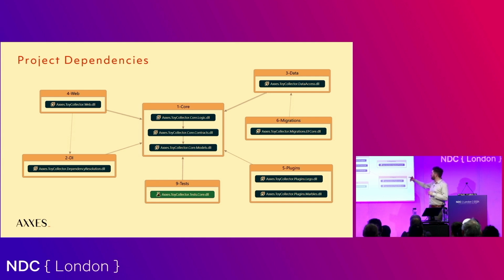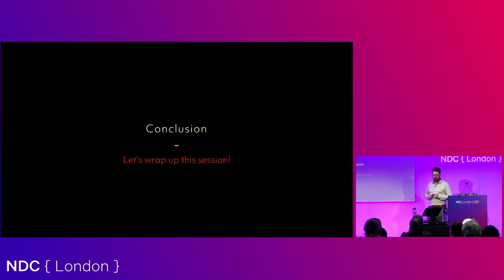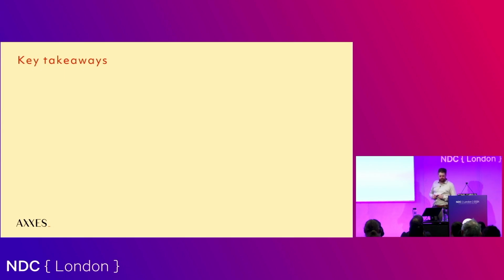Our plugins just point in. Our tests point in. Everything was nice and clean. And we found it so easy to add new plugins and to evolve our core as well, because it was isolated from everything else.